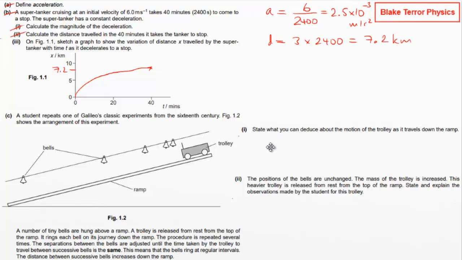State what you can deduce about the motion of the trolley as it travels down the ramp. Well, what we can deduce and what the student can deduce are two different things, because they're not telling us how far apart all of these bells are. If you're the student and you've made these measurements and then you're calculating all of these things, then we can deduce that there is constant acceleration.